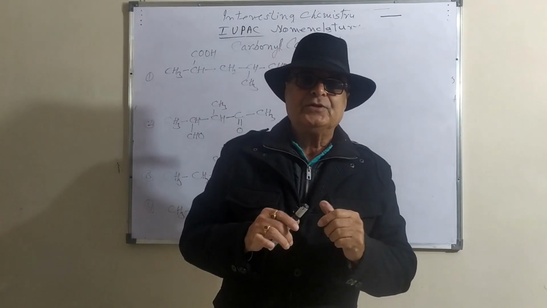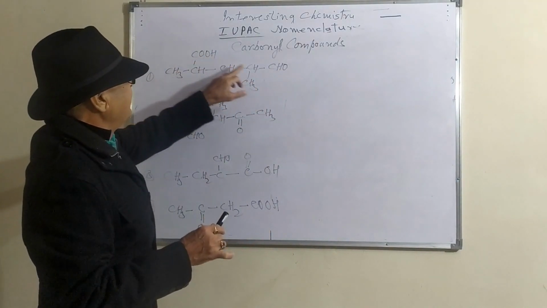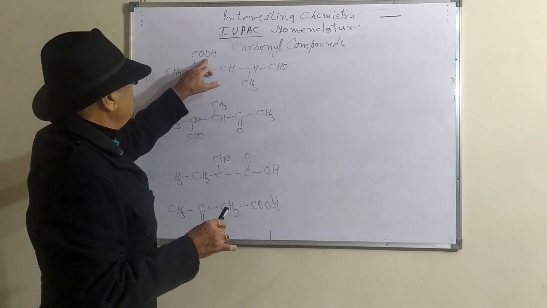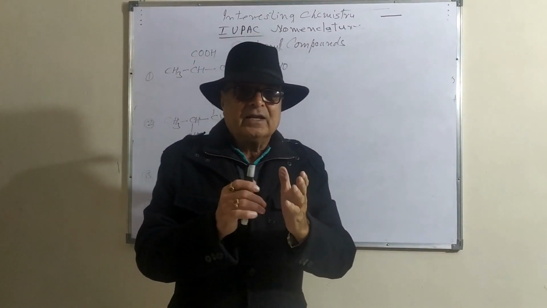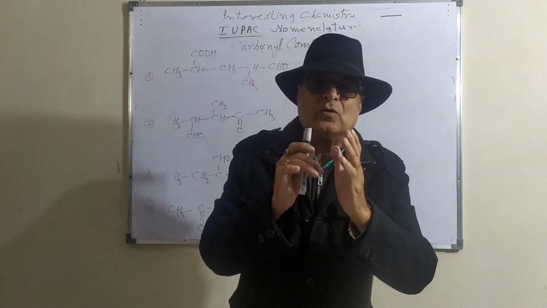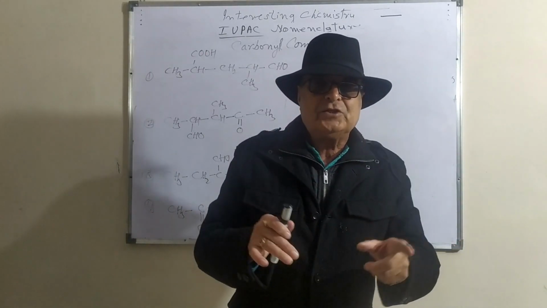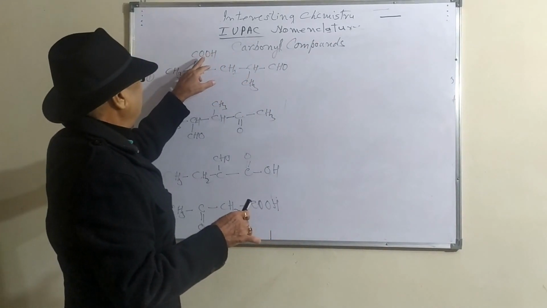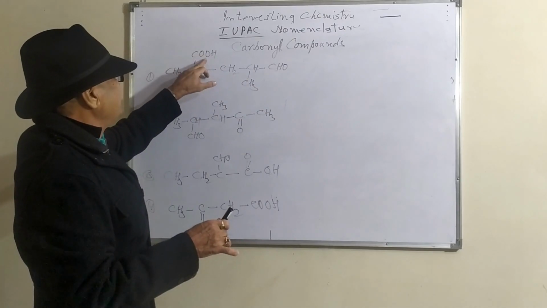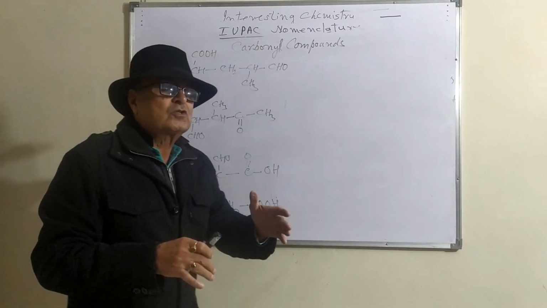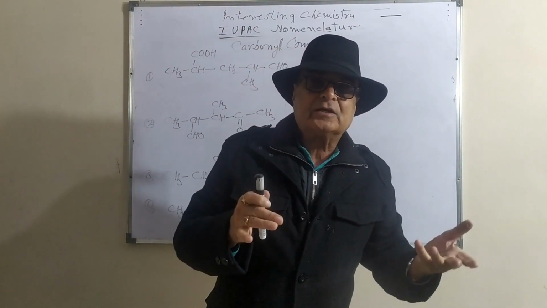So here in this example, COOH is there and CHO is there. These are two functional groups. Their seniority is decided on the basis of the reactivity of the functional group. COOH is more reactive than CHO, so COOH stands first in the seniority list. I will give the list of the seniority of the functional groups in my later videos.